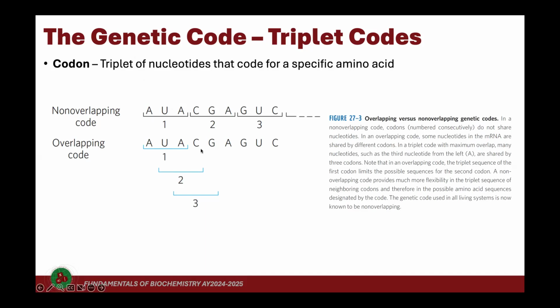But if it is an overlapping code, there are nucleotides that are shared by more than 2 codes. So for example, this second nucleotide U is shared by the first codon, the second codon, and the third codon.